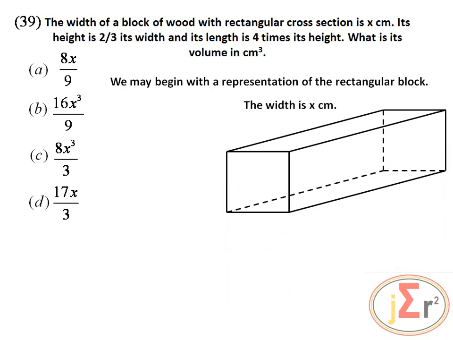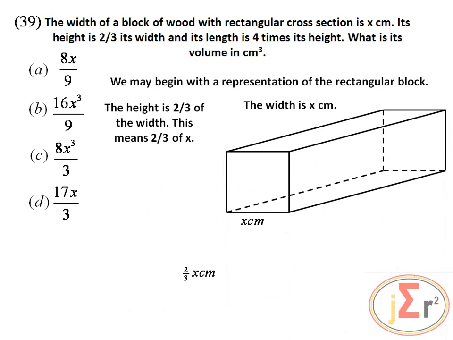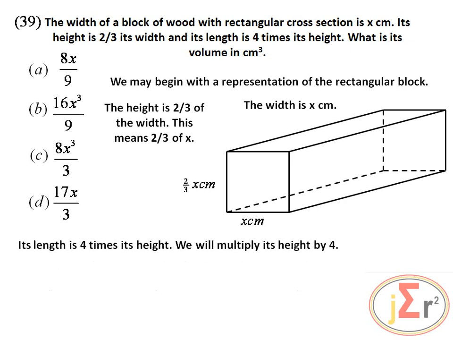The width is x centimeters. The height is 2/3 of the width. This means 2/3 of x. Its length is 4 times its height.